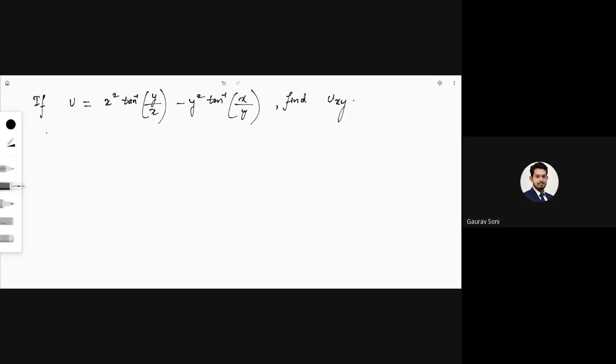First of all, u of xy is equal to the partial derivative with respect to x of the partial derivative of u with respect to y. So we need to find out the bracketed term first, and whatever resultant we get, we need to differentiate it with respect to x.